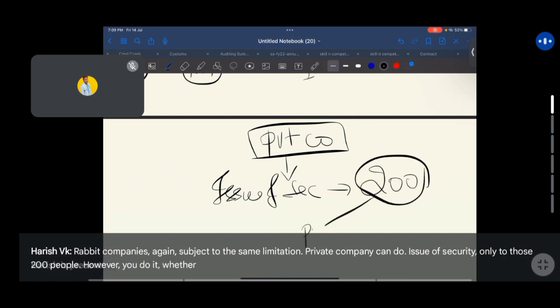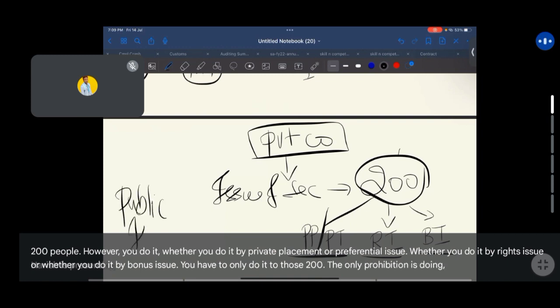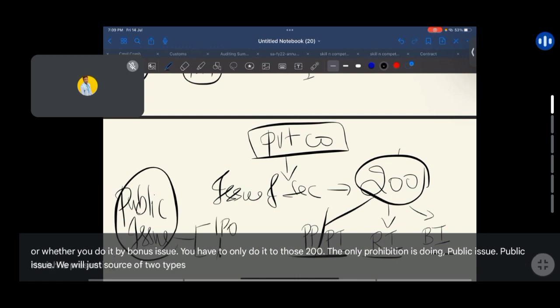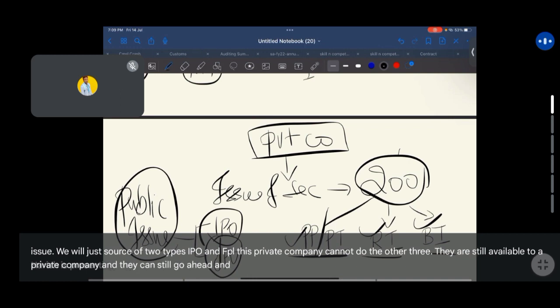However you do it, whether you do it by private placement or preferential issue, whether you do it by rights issue or whether you do it by bonus issue, you have to only do it to those 200. The only prohibition is doing public issue. Public issue we just saw is of two types, IPO and FPO. This private company cannot do. The other three, they are still available to a private company and they can still go ahead and issue the shares to their existing 200 members of the company. There are no restrictions there.